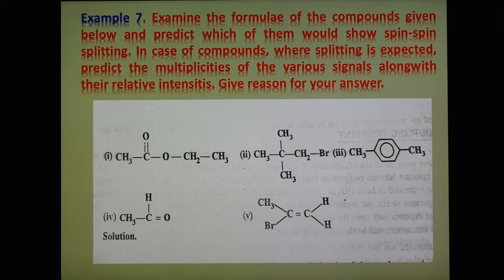The protons on carbon number 3 and 4 are coupled. The signal due to the 2 equivalent protons on the carbon C3 also splits up into a quartet. So there is a triplet and a quartet. And the methyl protons present on carbon 1 will not split because there is no proton on the adjacent carbon atom.